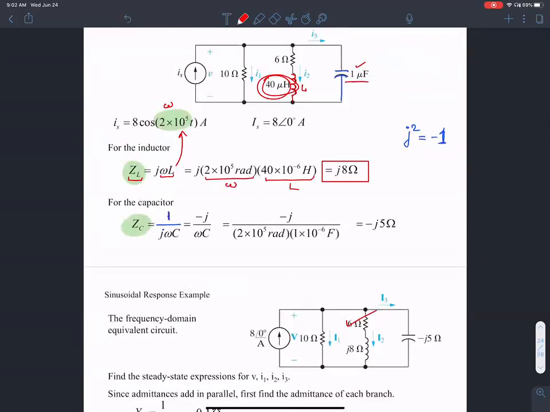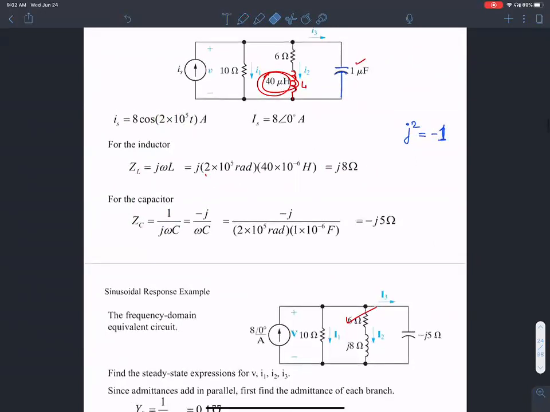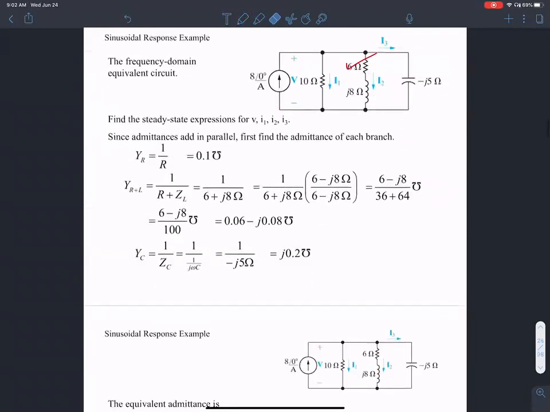Similarly, this 1 microfarad capacitance is converted to negative j5. Now what I can do is simply add them like they were resistances.